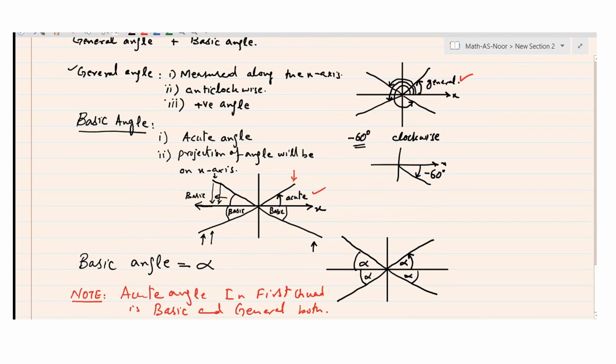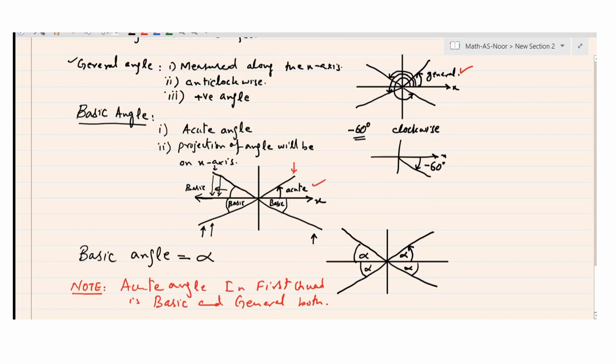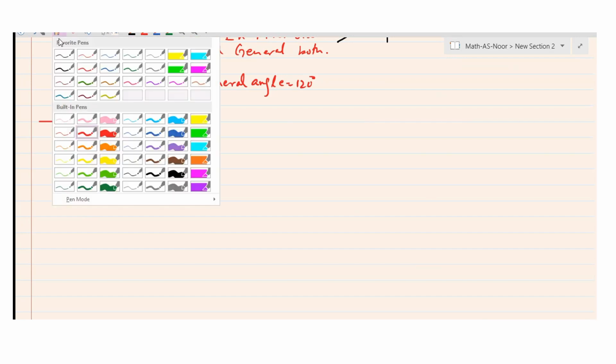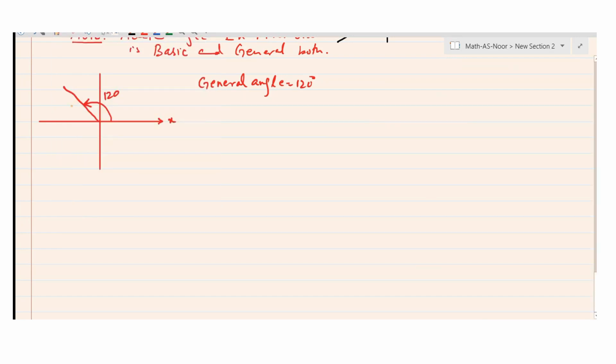Any angle which lies in the second quadrant, journal angle is equal to 120 because it is along the x-axis, it is moving in anti-clockwise direction, and from the concept of basic angle we know that the projection of this line along x-axis is this alpha.